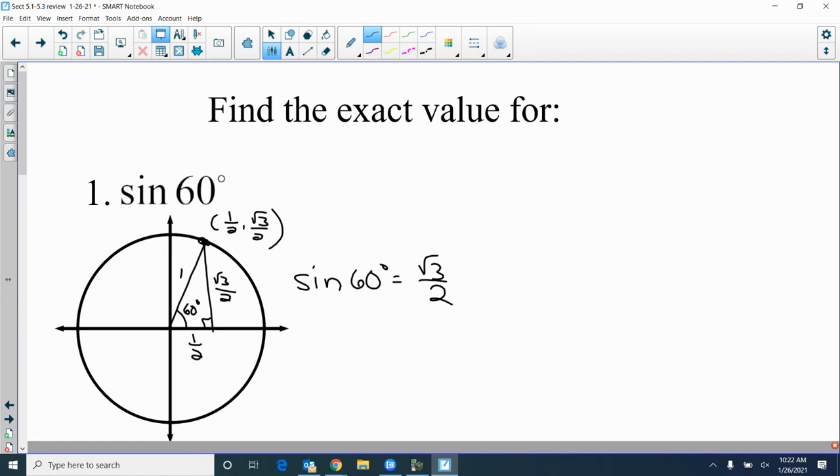Now, if you're good at picturing things in your mind, you might just be able to think about that. Oh, 60 degrees, that's the angle across from radical 3 over 2.